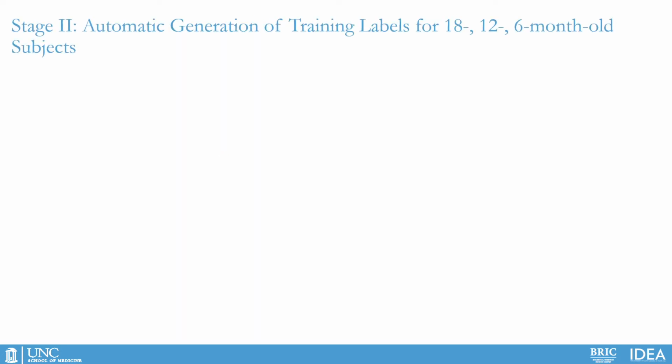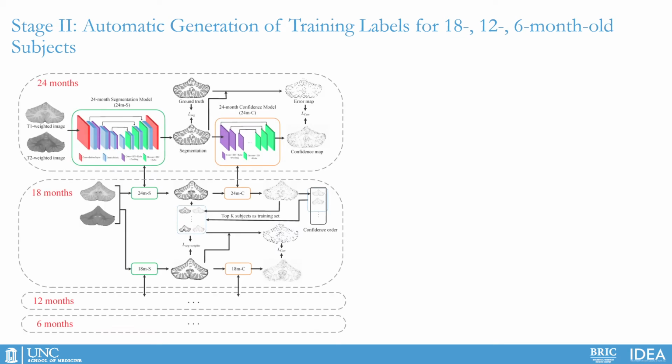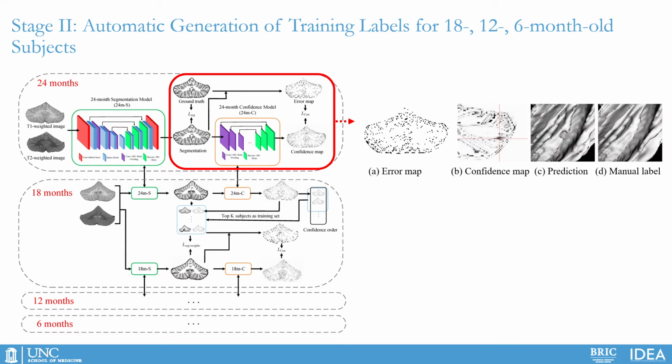The second stage is automatic generation of training labels for younger month-old subjects. For the 24-month-old images, after generating the segmentation by the trained model, we can obtain an error map by comparing the difference between the segmentation and ground truth. Then the segmentation and error map are used to train the confidence model.